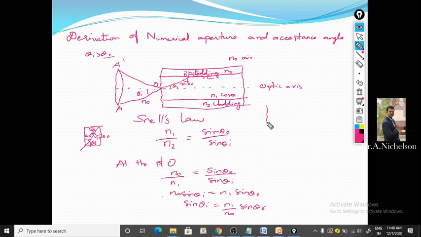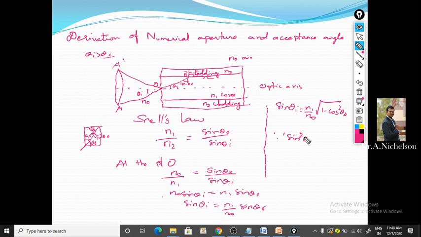Sin theta i is equal to n1 by n0. So sin theta r can be written as square root of 1 minus cos square theta r, since sin square theta r plus cos square theta r is equal to 1.